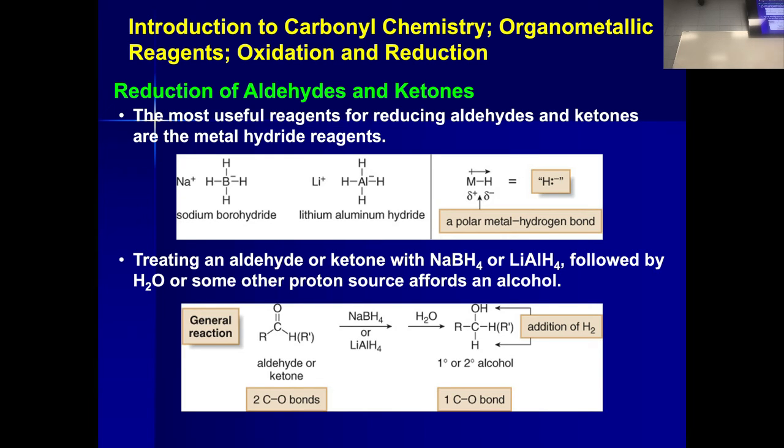What I'm about to tell you is a little bit of a lie, but it's a lie designed to help you understand what's going on. In solution, there is no H minus floating around. Okay? But this is how it behaves. So, what's going to happen in the first step? The H is going to attack something. What's it going to attack? The carbon. Why the carbon and not the oxygen?